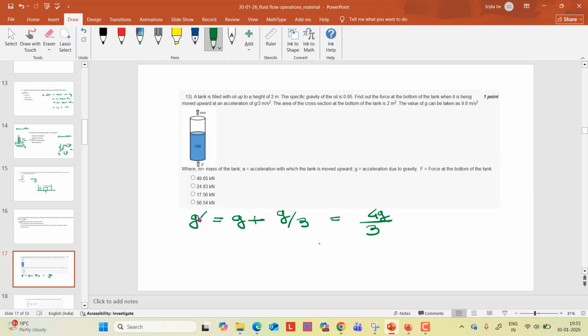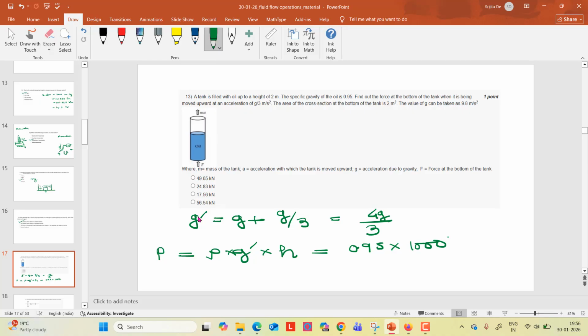And now the pressure at the bottom is simply P equals rho into g prime into H. Rho is the specific gravity of the oil, 0.95, so it will be 0.95 into 1000, right?